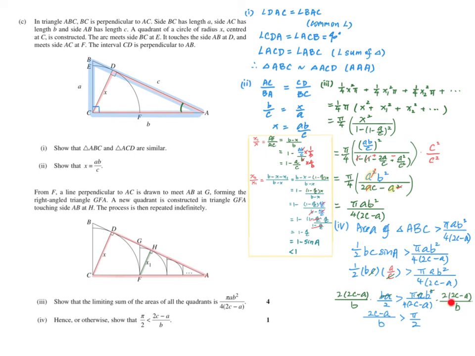Now you have 2c minus a. It is guaranteed to be positive. Therefore, now we can multiply both sides of the inequality by this expression and still maintain the property of this inequality. And then we get to the answer required by the question.